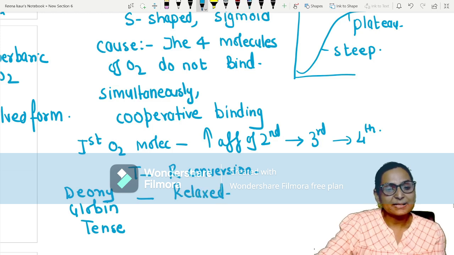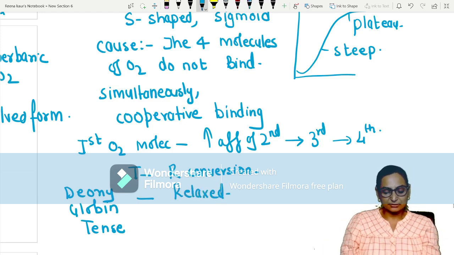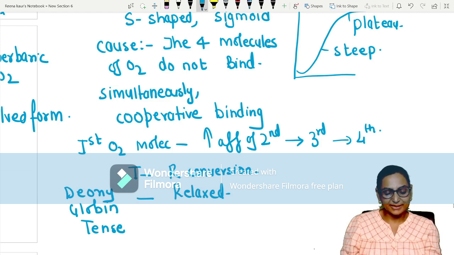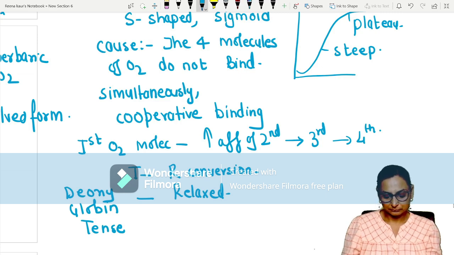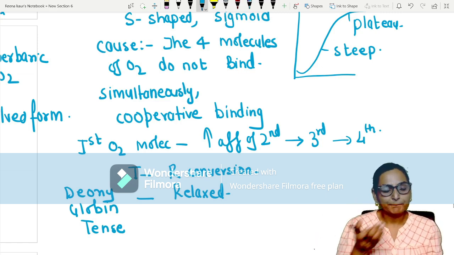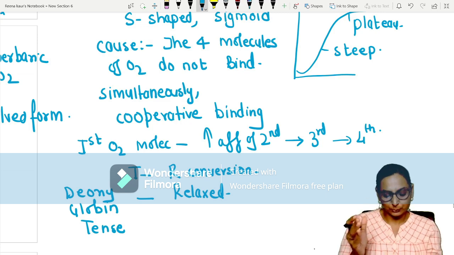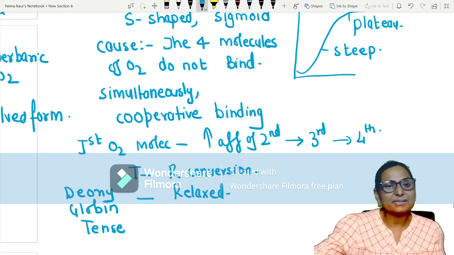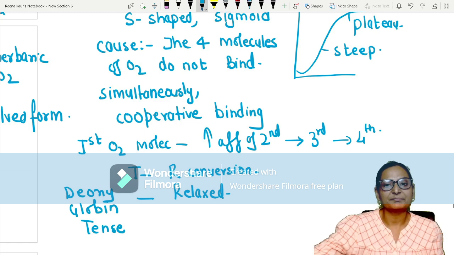So this is called the tense to relaxed conversion. So this TR conversion is because of the cooperative binding and the binding of the first to second to third to fourth. And this is the cause of the S-shaped curve.